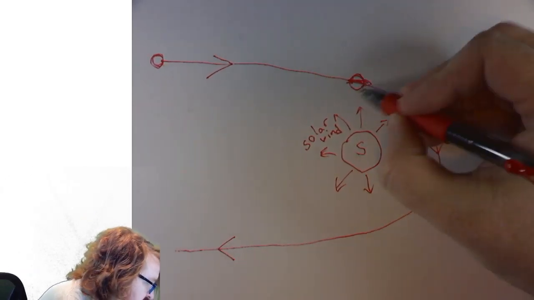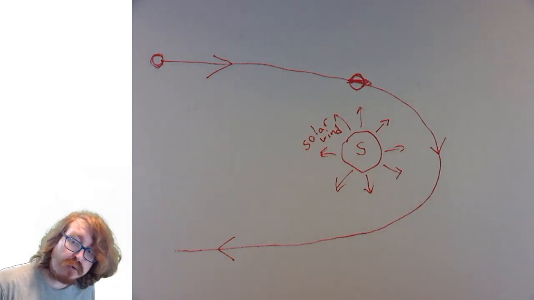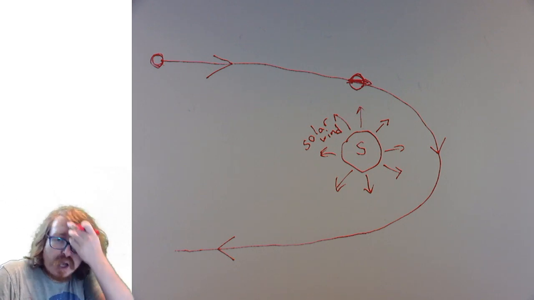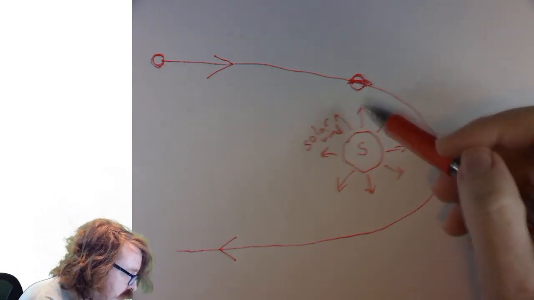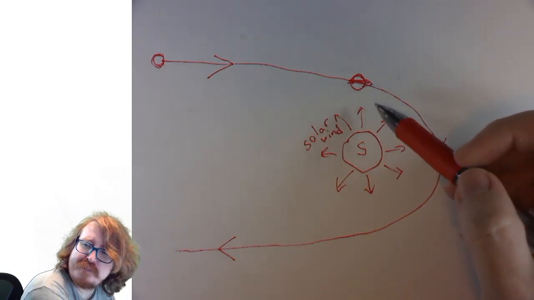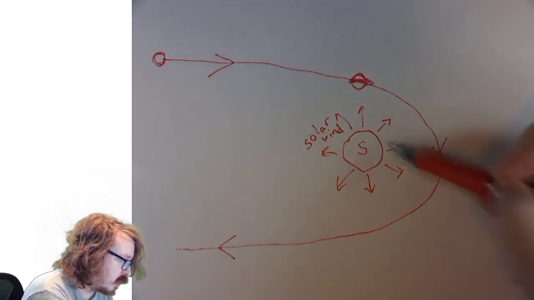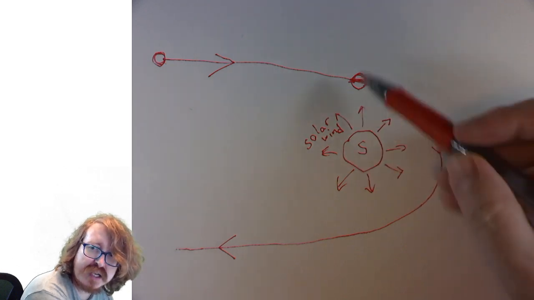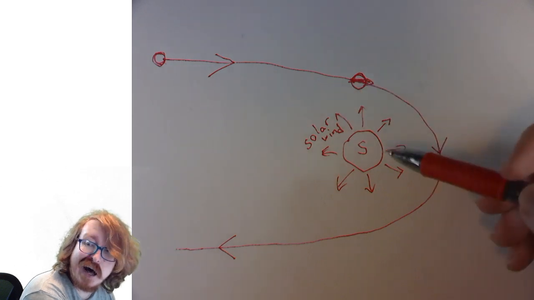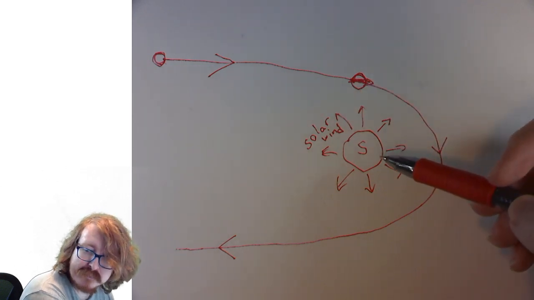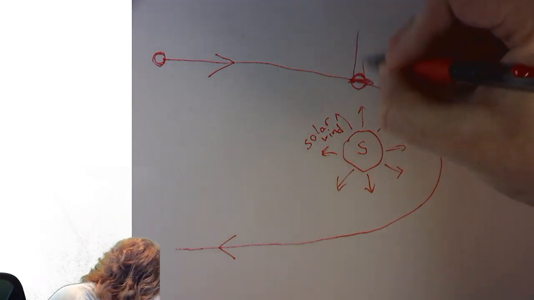If the sun partially melts this ice and the solar wind blows on that melted ice, which direction would the melted ice go in this picture? Give me an up, down, left, or right. Up, right? It would go up in this area. So it would go like this.